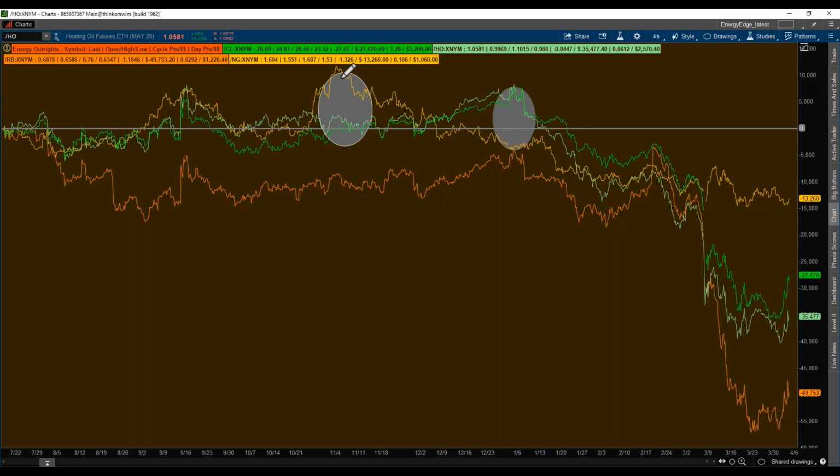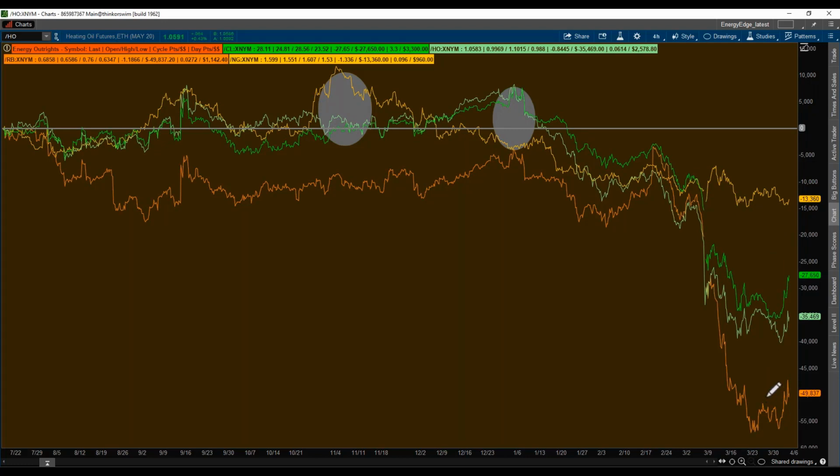These are trades. Yellow line, natural gas above the other two. Yellow line below. Same thing with RBOB being the orange line. Gets very, very inexpensive, rallies. Gets inexpensive, rallies. Now it is really, really, really inexpensive.